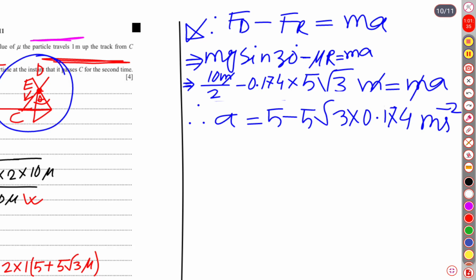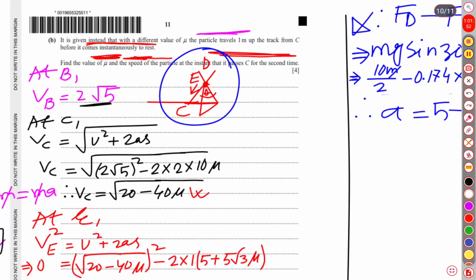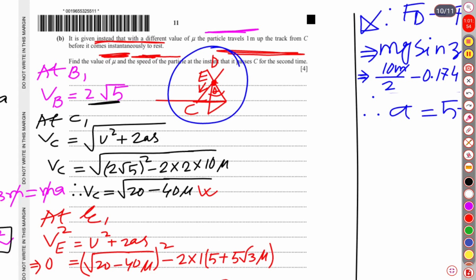Okay, so we apply the same concept for the final part. Let me take the black ink. From E to C, it is now moving down. Look at this, it is sliding down and crossing the point C again.